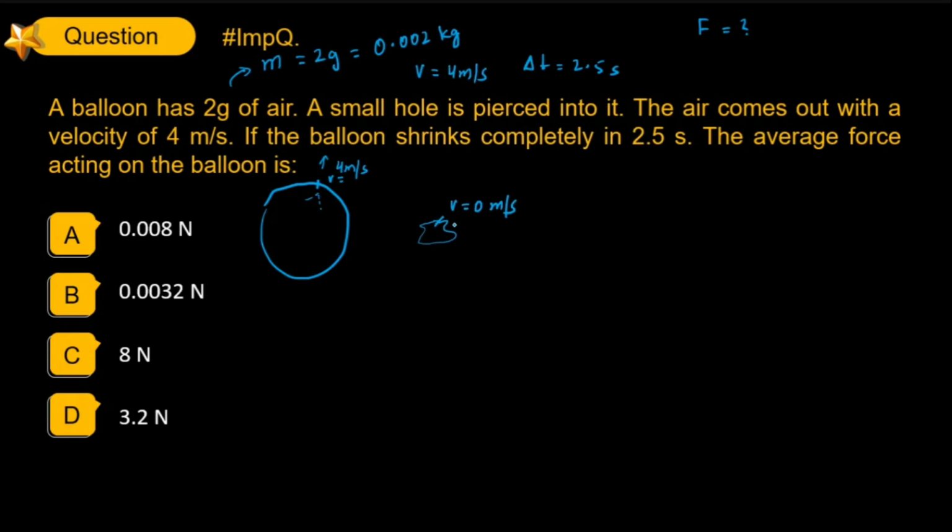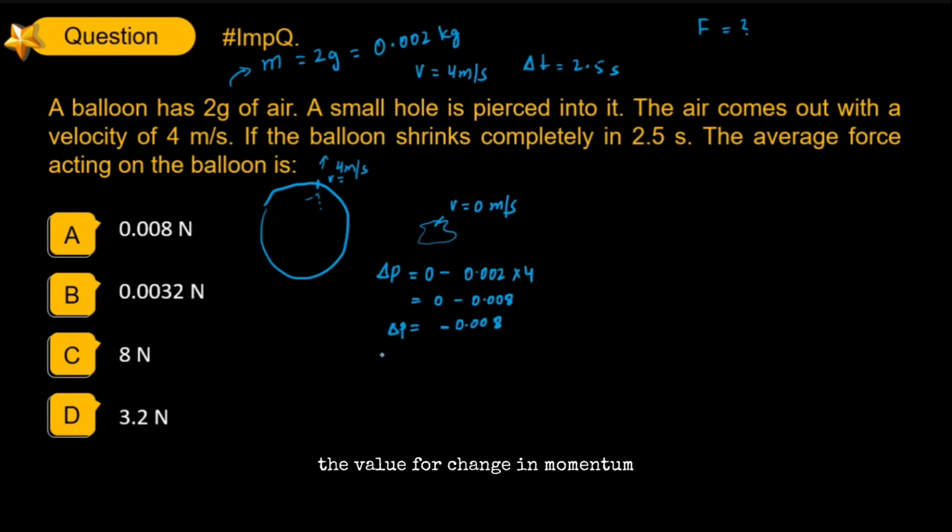So for the change in momentum, finally the velocity is going to be zero, so momentum is going to be zero. Initially, it is mass times 4, so 0.002 times 4. So 0 minus 0.008, that is negative 0.008, is the value for change in momentum.